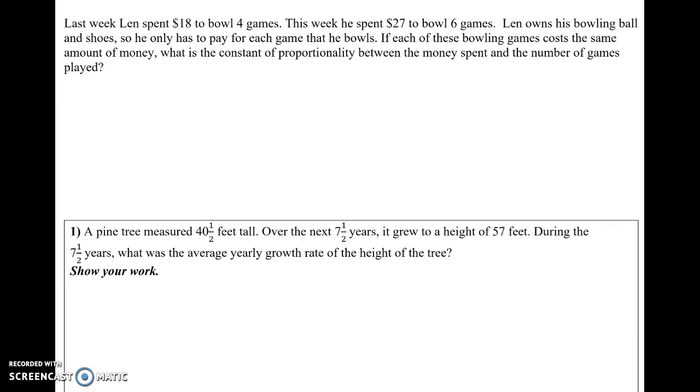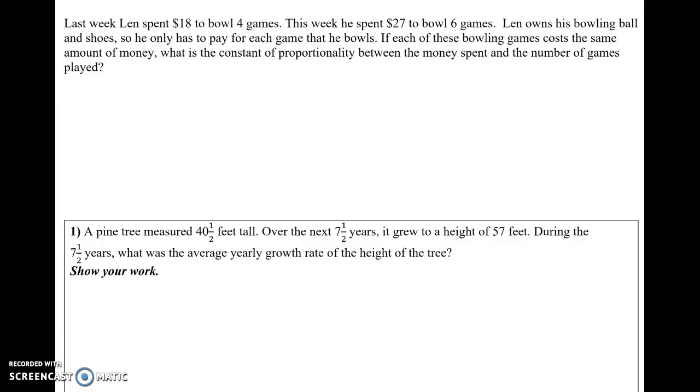The difference is that with a graph you can easily check if it is proportional just by seeing if it's linear and passes through the origin. However, with a table, you need to check every value. And that's very similar to what we're going to do here.